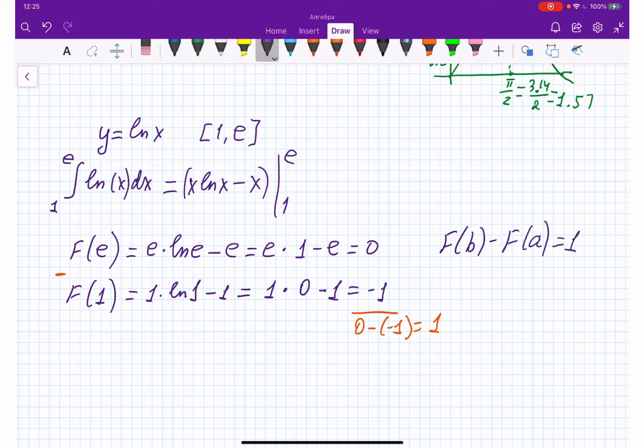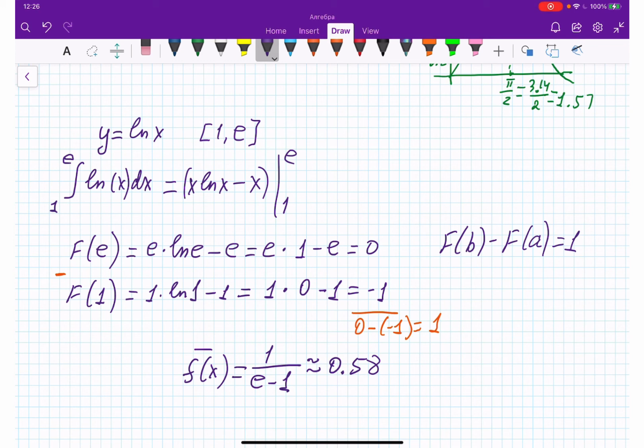So the average of x is going to be equal to 1 divided by e minus 1, divided by b minus a, correct? And if you calculate, it's going to be approximately 0.58.